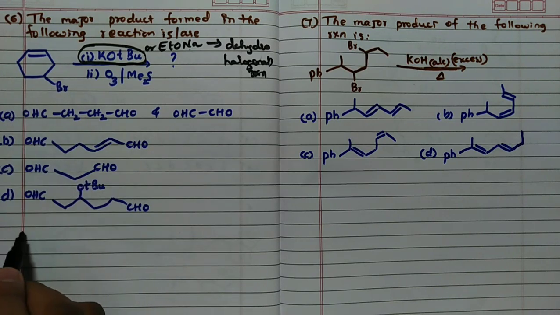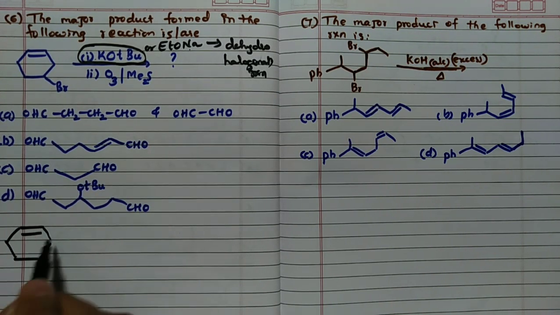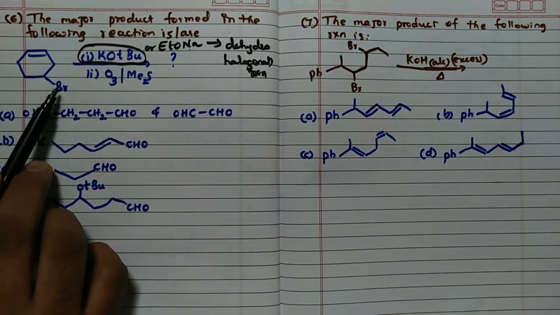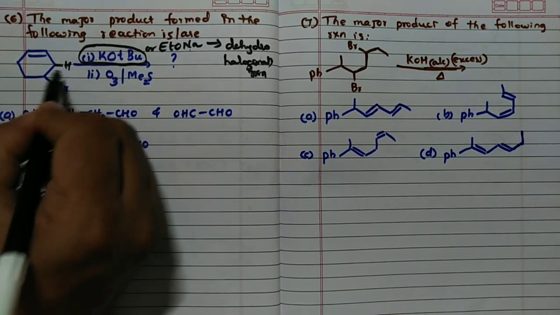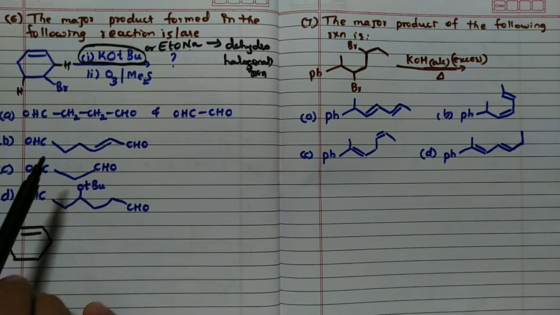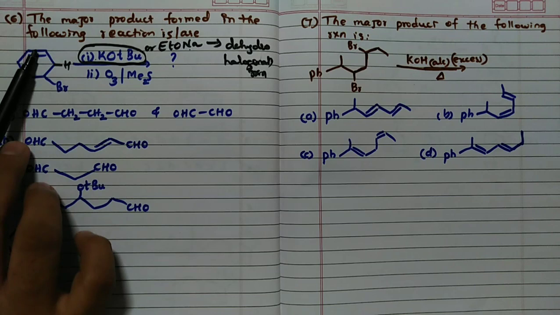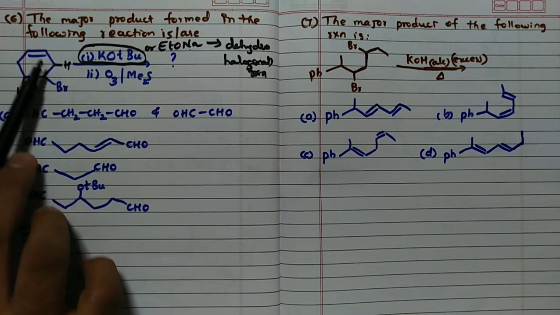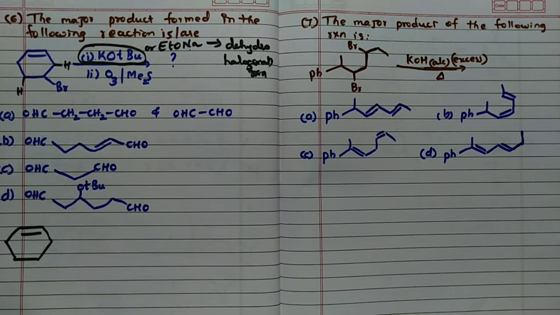So in this particular case, dehydrohalogenation takes place. First step, here there is a double bond. Now this Br is removed. Whether this hydrogen is removed or this hydrogen is removed depends on stability. Always remember, dienes, substituted dienes are more stable.